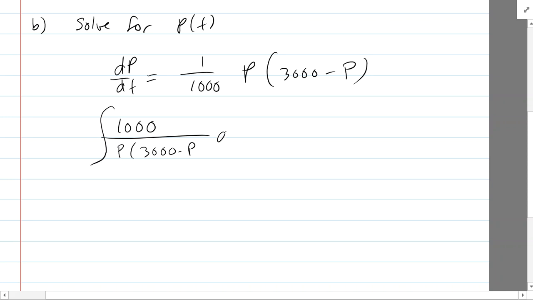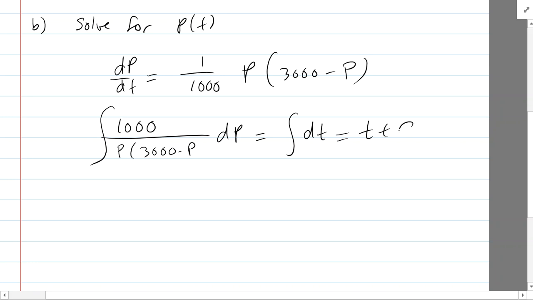I'm going to integrate that with respect to P, equal to the integral of dt. See what I did? All I did was put that over there because the 0.001 doesn't work for y'all or me. What's the integral of dt?